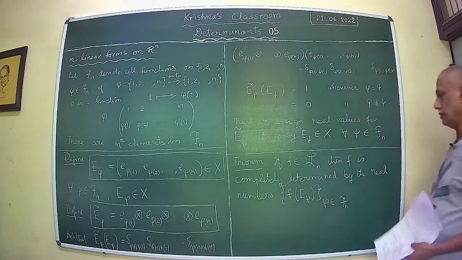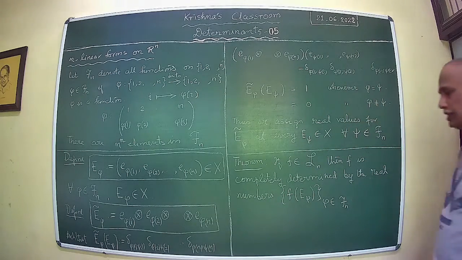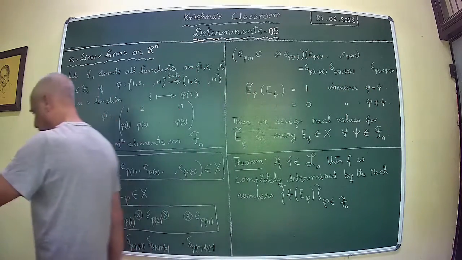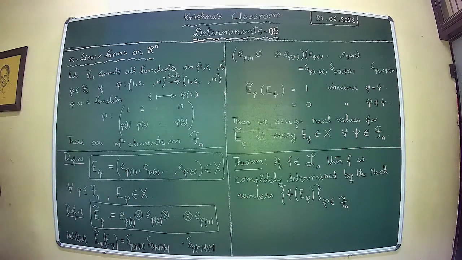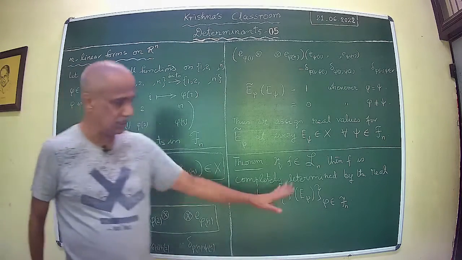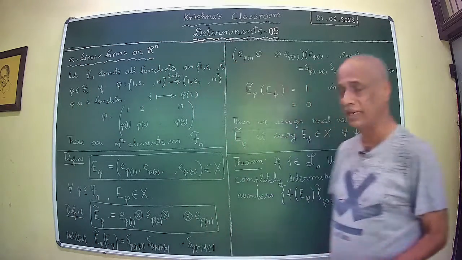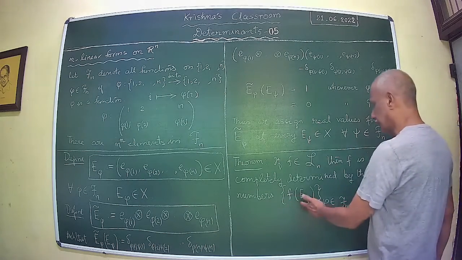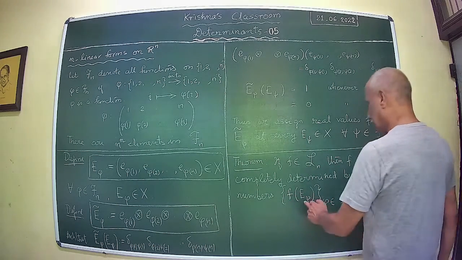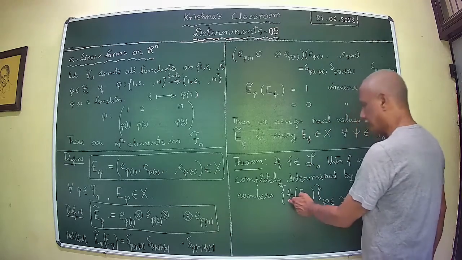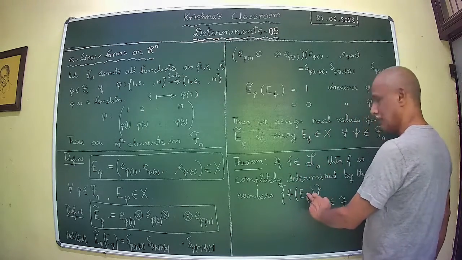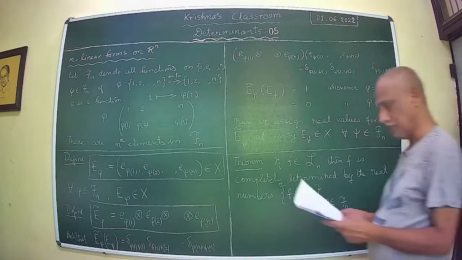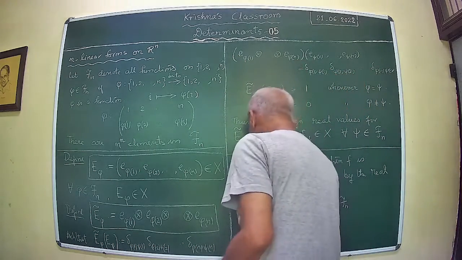This is the theorem that we proved. That means once f is given as an n-linear form, then in particular it is defined at all these points. Now what we want to prove is that if you know the values of f at E phi, then an n-linear form on Rn is uniquely defined from this. That's what we want to prove. So let us prove this.